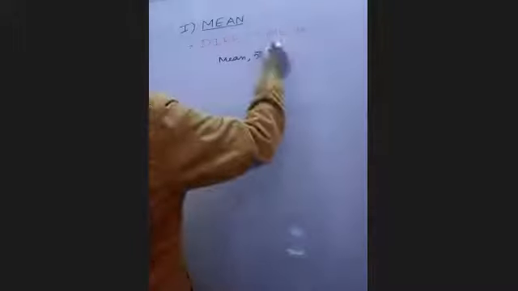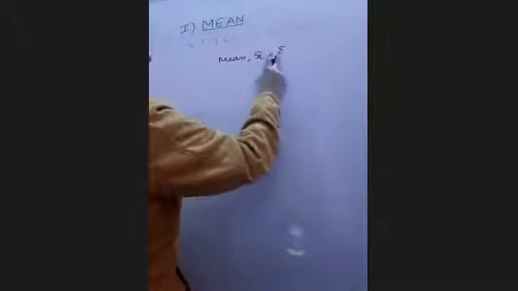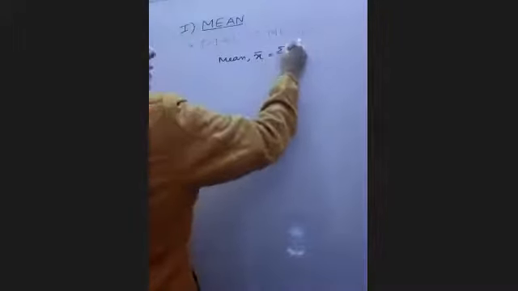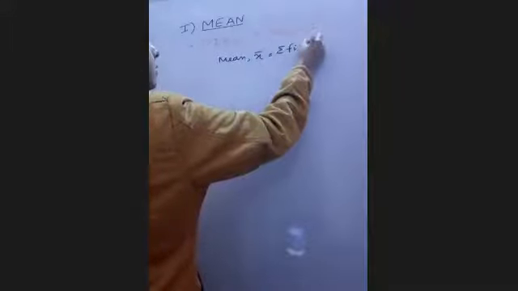We have done the formula for mean, children. Yesterday we derived the formula. Mean is denoted by x bar. The formula is summation or sigma fi xi divided by summation fi.